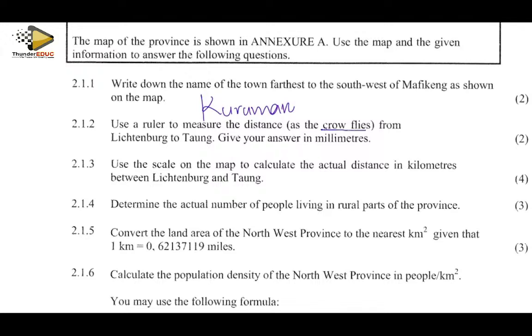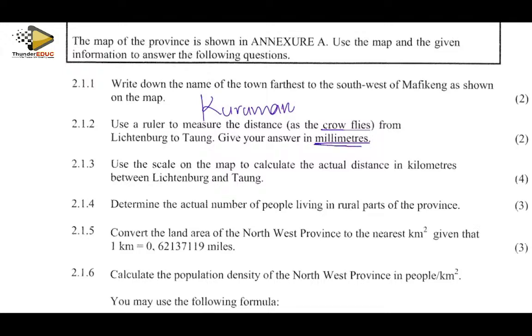Now, when you hear this phrase, it simply means a straight line from Lichtenburg to Tang. Give your answer in millimeters. Take note of that. Even though you measure in centimeters, you can multiply by 10 and you get the answer in millimeters. This is important. Millimeters.